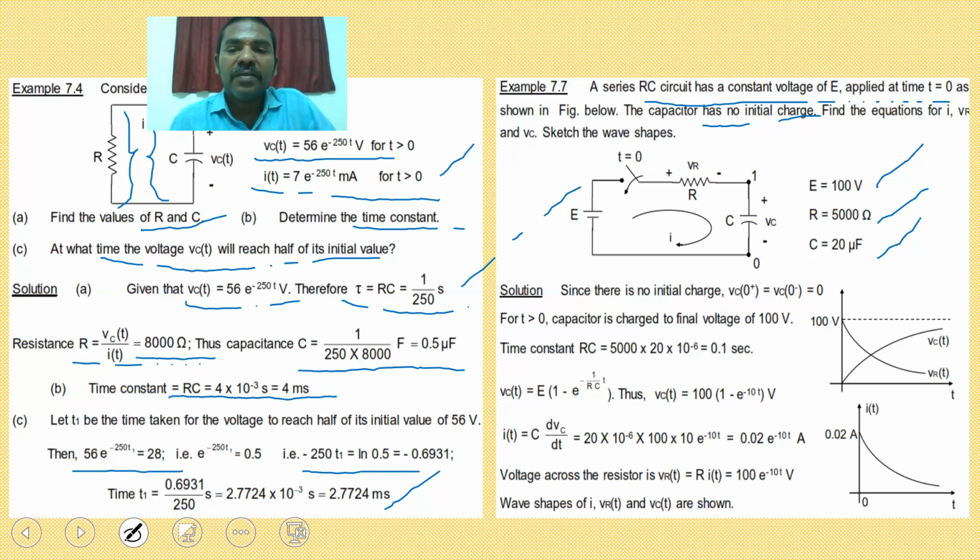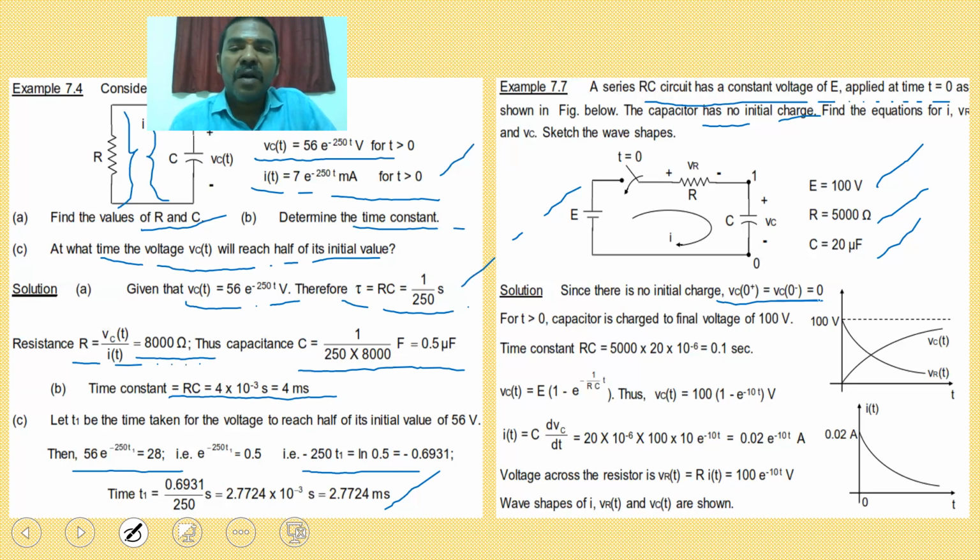In the first case, at t is equal to 0 minus, current never flows through the circuit, it is still an open path, so the voltage drop across the capacitor is 0. Then at t is equal to 0 plus, immediately after the switch is closed, the capacitor never takes instantaneous voltage, so it acts like a short circuit. So the voltage drop across the capacitor at t is equal to 0 plus is also 0.